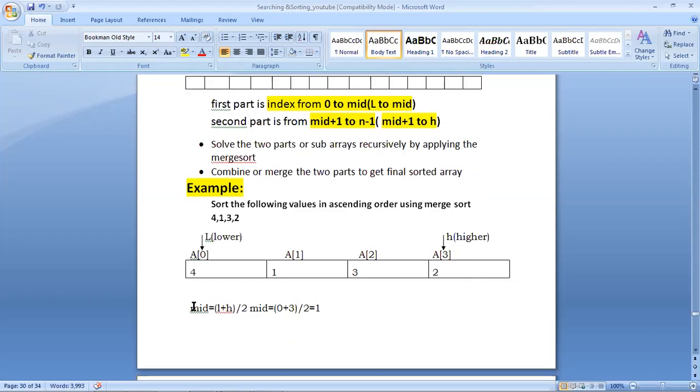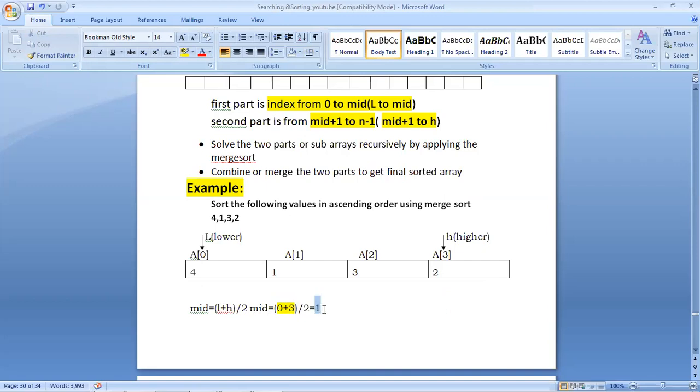Now we calculate the mid index or middle position of the array by using the formula (L plus H) divided by 2. So substitute the respective lower index and higher index values of the array. Here L value is 0 and H value is 3. That's why (0 plus 3) divided by 2. So 3 divided by 2 means not 1.5.